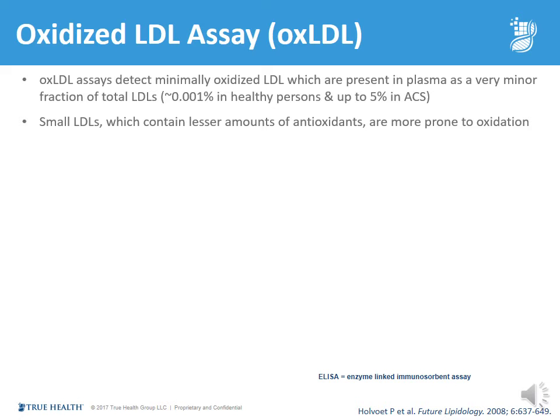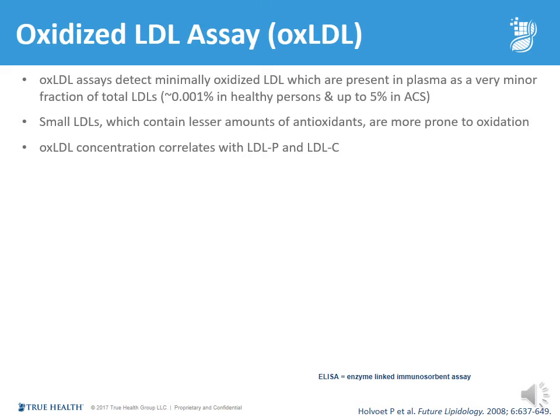Of course, small LDLs, because of their smaller surface size, carry less antioxidants and are more prone to oxidation. And it should be no surprise that oxidized LDL concentrations certainly correlate with total LDL particle and LDL cholesterol concentrations.